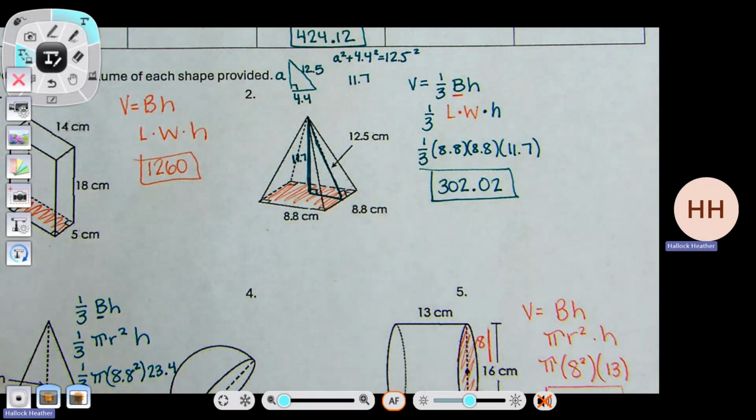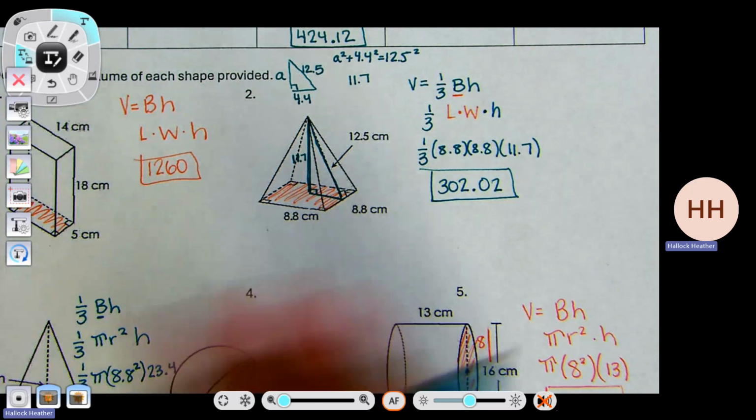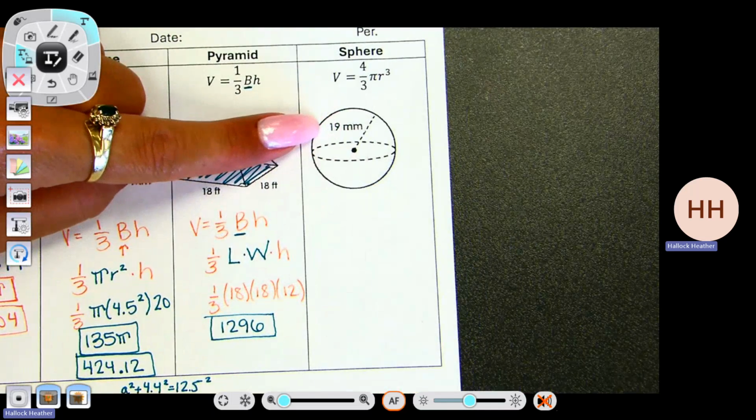There is no big B, which is beautiful. It's very nice. A sphere is a 3-dimensional circle, like a basketball or a baseball or something like that. So a sphere's formula is literally what it says. You don't have to plug anything in for big B. You're just using this formula. So the formula on the reference sheet is V equals 4/3 pi r cubed.